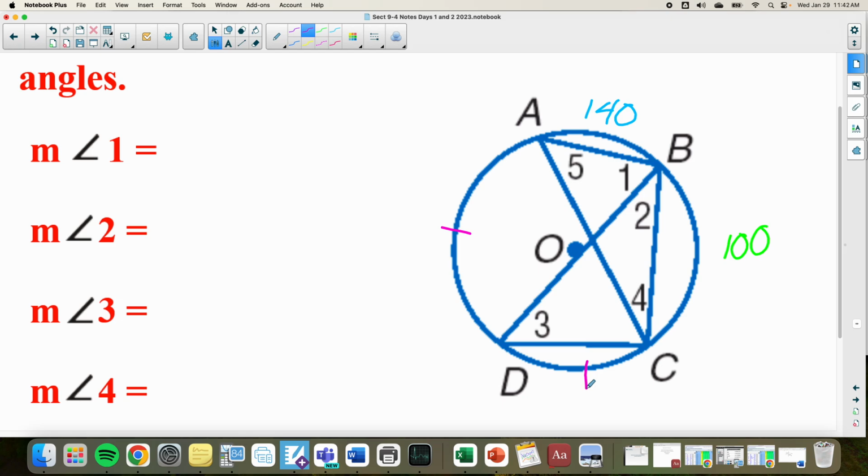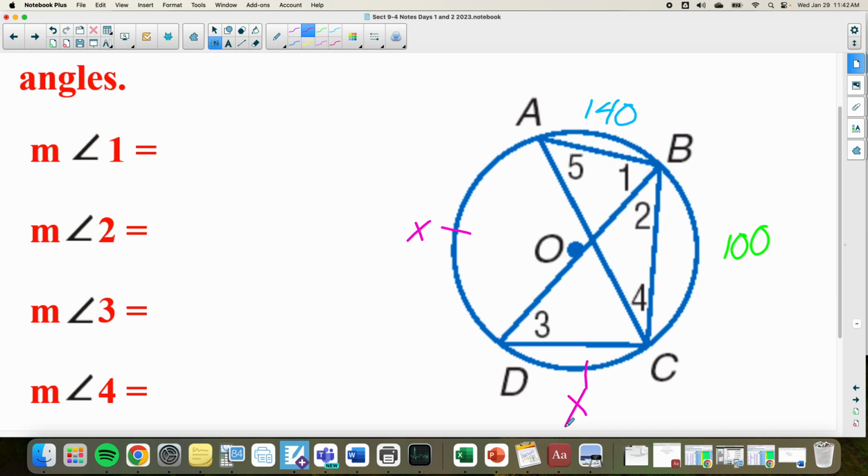Now, when I look at this, do you guys get that I could call each of these X since they're equal? And then could you find one of those? What would you do? Subtract 240 from 360, and then you just divide it by 2.